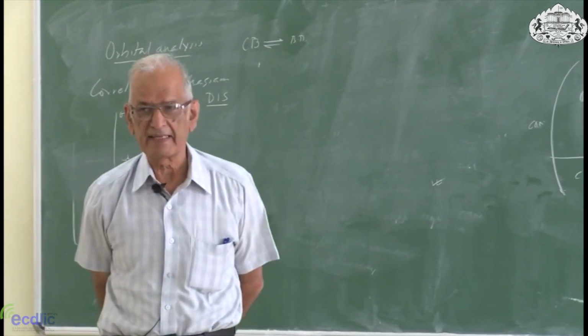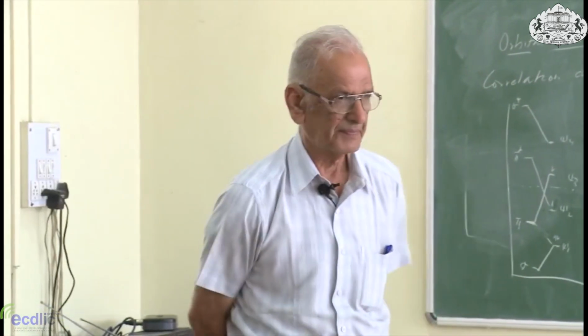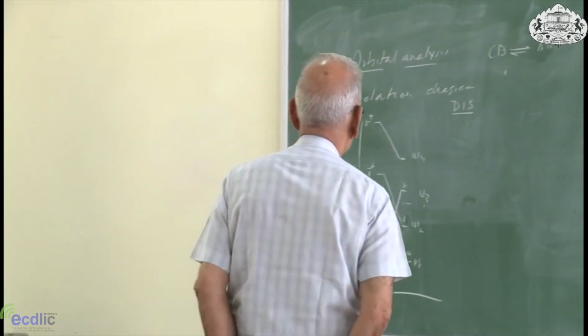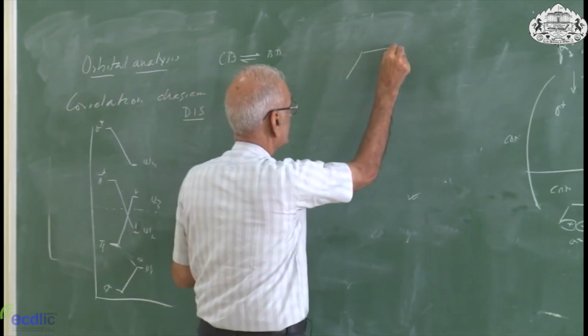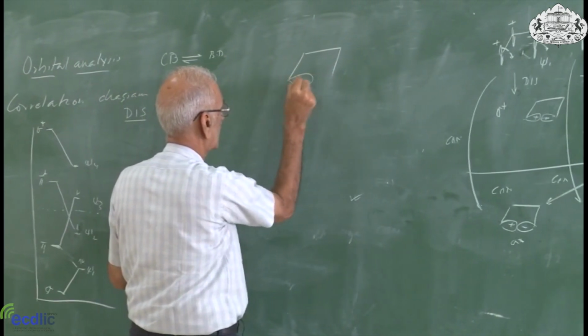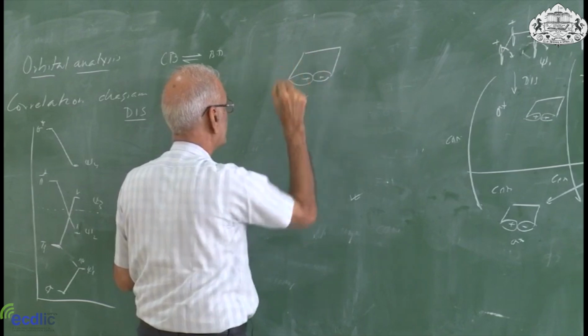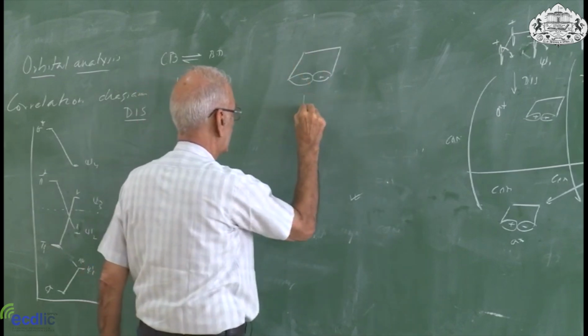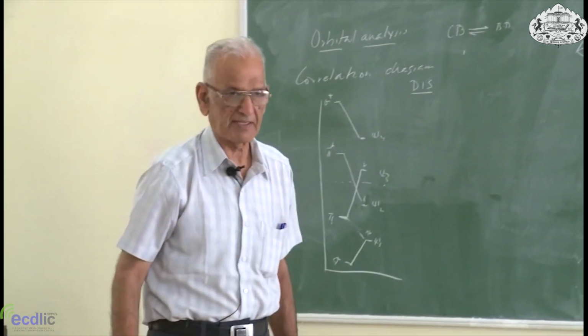So, we analyze the reaction going from butadiene to cyclobutene. Now, we are analyzing the reaction going from cyclobutene to butadiene. Disrotatory process.